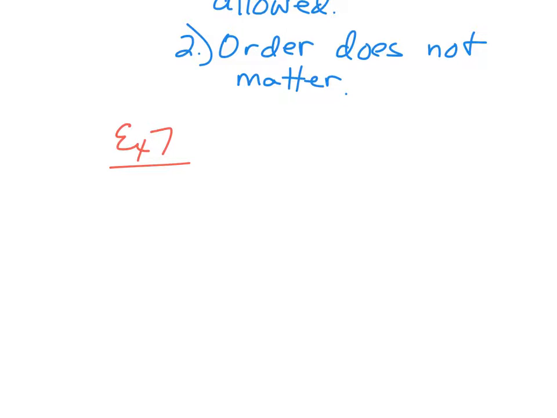Okay, here goes. Find the number of different subsets of size 2 in the set A, B, C, D. Then it says list them to check the answer. Now, you're not going to have to list them on your homework, but we'll do it here just to prove the point.